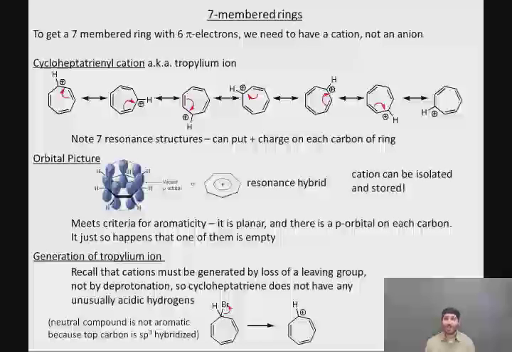So this would be a particularly facile leaving group to remove. Furthermore, because you cannot generate a cation by deprotonation, cycloheptatriene, the hydrocarbon, does not have any appreciably acidic hydrogens. The only way you can generate the cation is by loss of a leaving group.